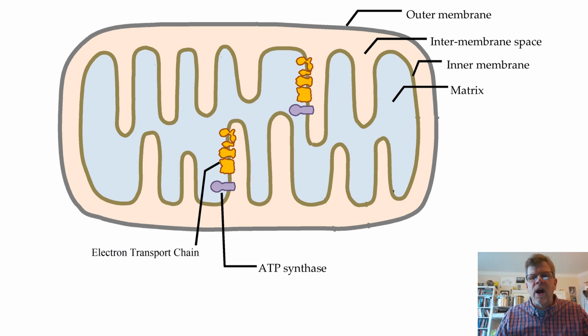It is in the mitochondrial matrix that the citric acid cycle happens. So we have our citric acid cycle happening, we have our pyruvates being converted into carbon dioxide and so on. Everything that we just looked at is happening within that matrix. But another compartment is between our inner membrane and our outer membrane, and that is the intermembrane space.